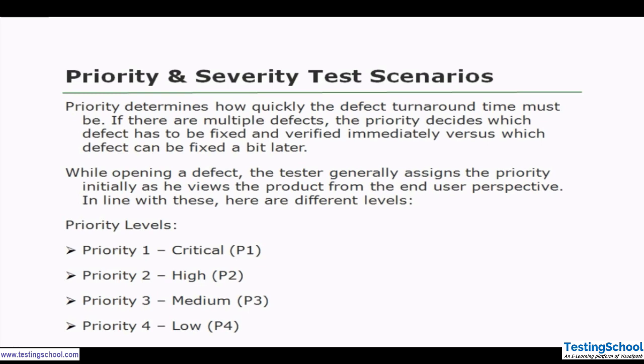So how soon can the developer fix that particular defect with different priority. For priority we have high, medium, low. The priority labels are critical, high, medium, low, which we call P1, P2, P3 and P4.